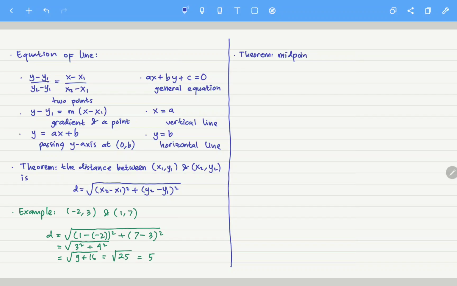If we have 2 points, let's say the first point is x1, y1 and the second point is x2, y2, the midpoint, the point in the middle of these 2 points, we can calculate with the following formula: 1/2 (x1 plus x2), comma, 1/2 (y1 plus y2).